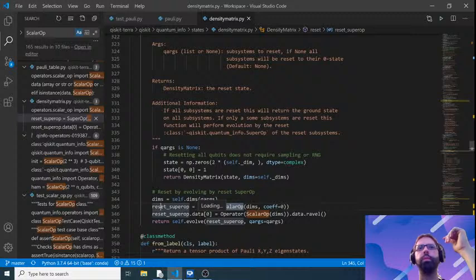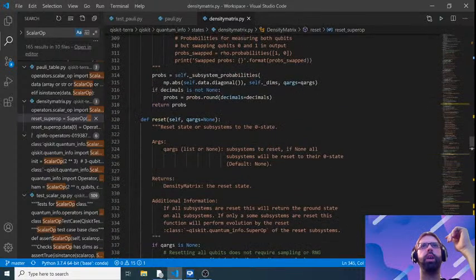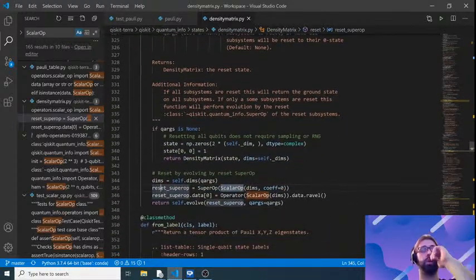So I can see here in the code that to reset a density matrix, Qiskit is creating a super operator based off of a scalar operator with coefficient 0, which I guess is just a matrix with all zeros? Because what I understand the scalar operator to be is an identity matrix with whatever dimensions you give it.